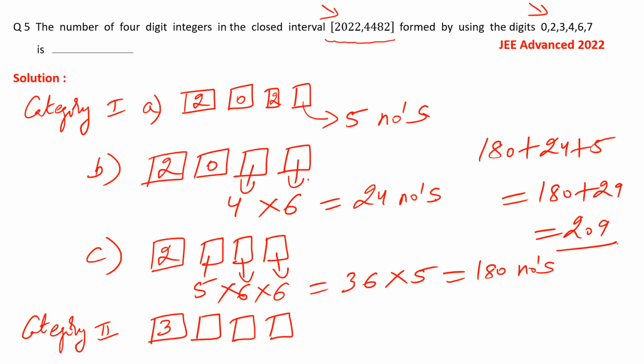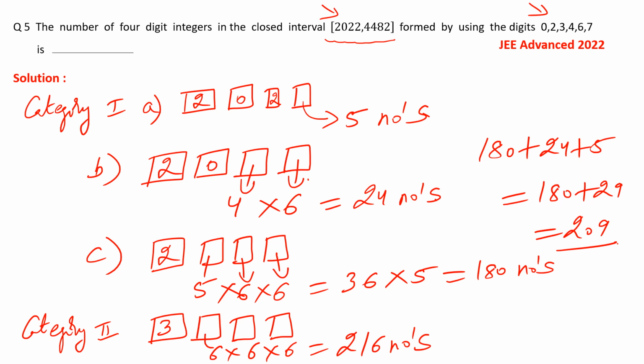Now it's a simple category. Why? Because I need not worry what I have to put in the second place or third place or fourth place. Why? Because the second place can be filled by any given digit. It can be 0, it can be 2, 3, 4, 6 or 7. Similarly, the third place and similarly the fourth place. So that means I will be having 216 such numbers.